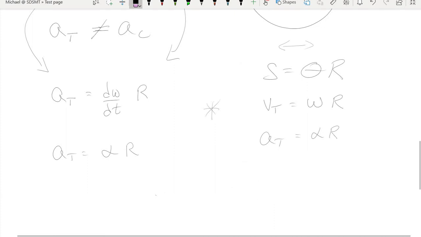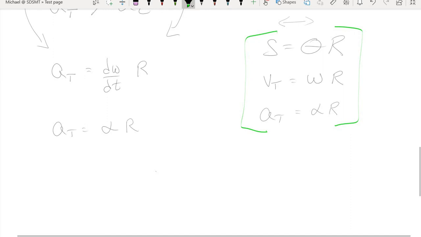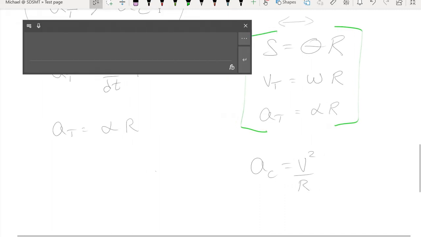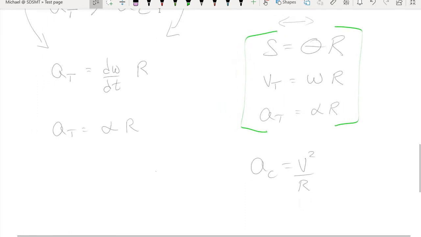Well, that kind of begs the question, if we can take all of these linear terms and rewrite them using their angular equivalents, is it possible to take the centripetal acceleration expression and rewrite that in terms of the angular information that we have? Absolutely, we can.